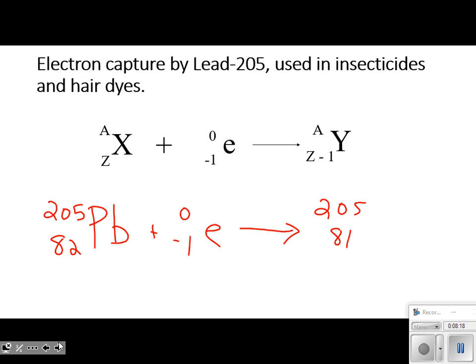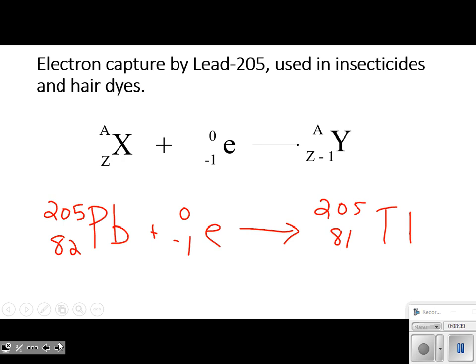Element number 81 is thallium, Tl. And I also have a release on this one of some gamma rays.